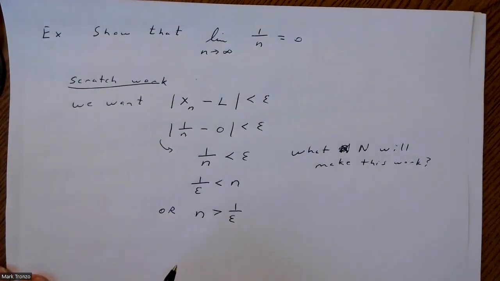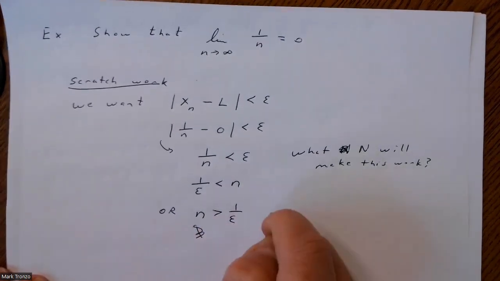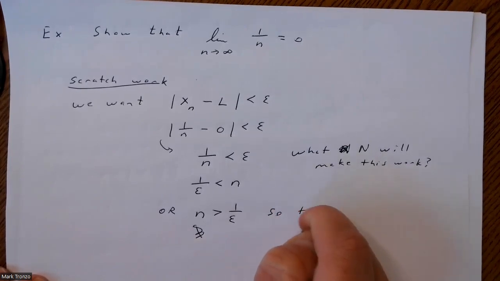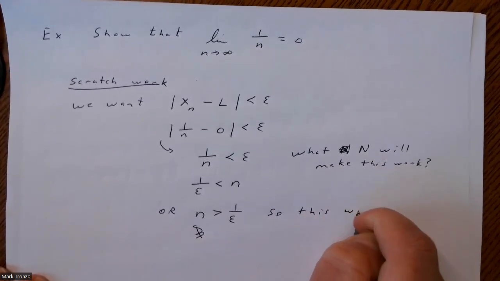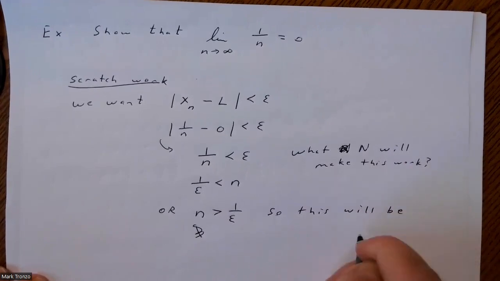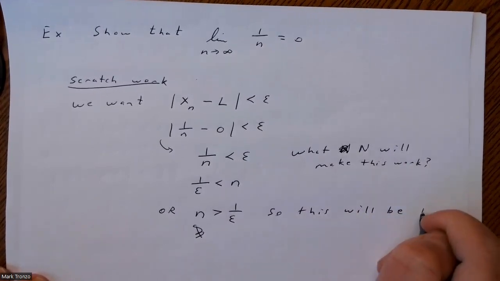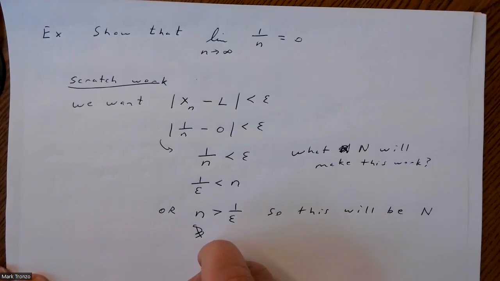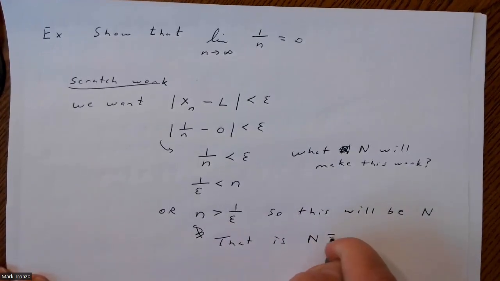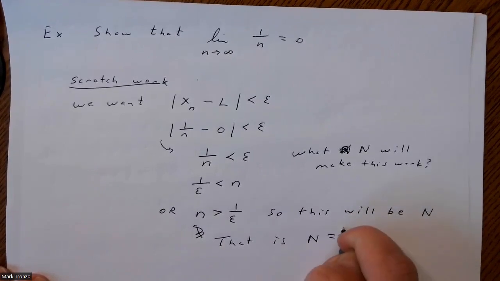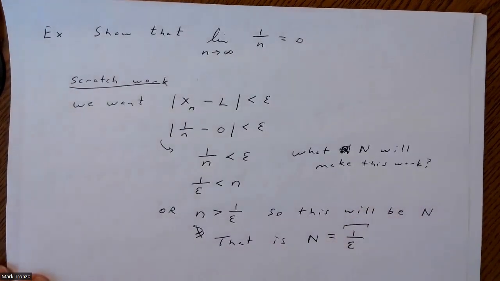So this will be our capital N. That is, N will be equal to 1 over epsilon. Then we'll put a little hat over it like this. So this is our scratch work to figure out what our capital N would be.